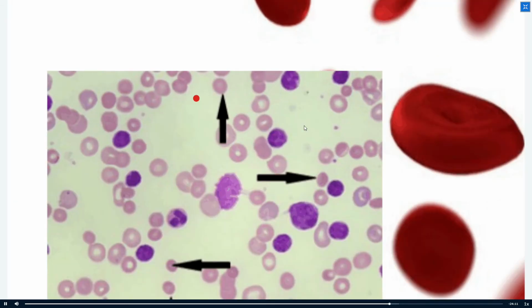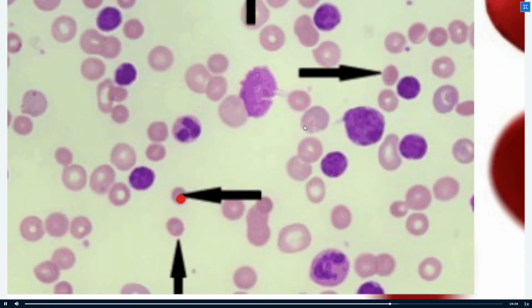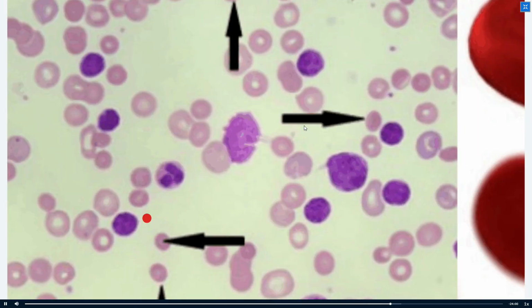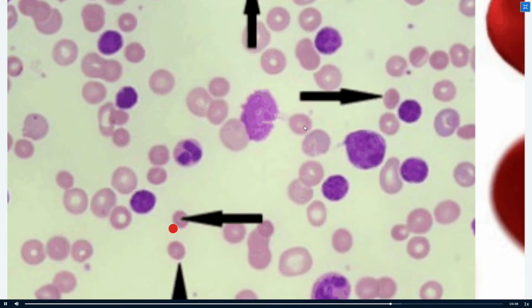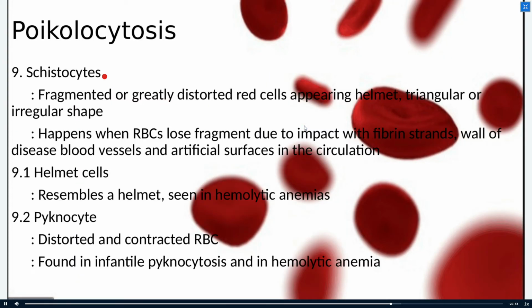So your Spherocytes class would look like this. Very small, smaller than normal RBCs. Yun ang itsura nila. Okay, let's go now to your schistocytes. Now your schistocytes class, these are fragmented or greatly distorted RBCs.